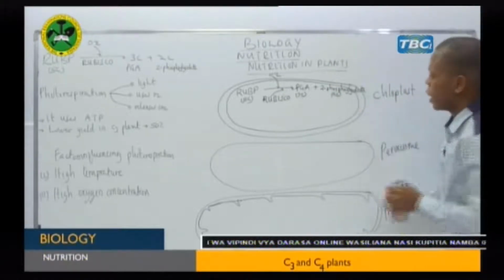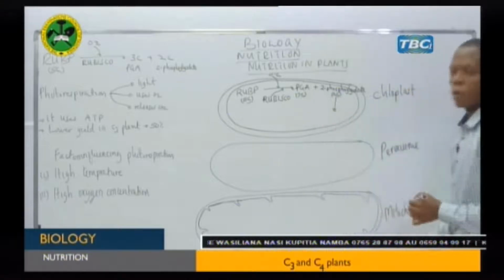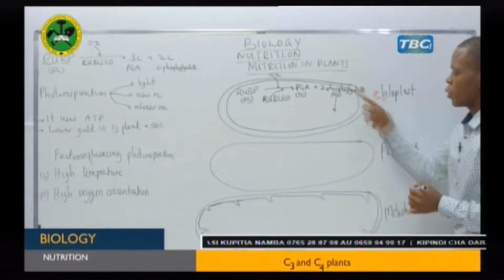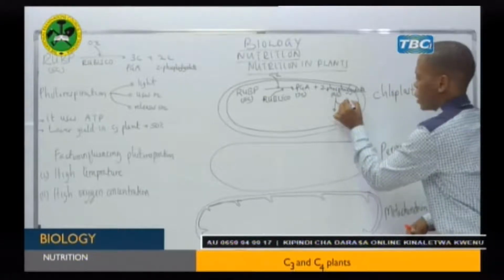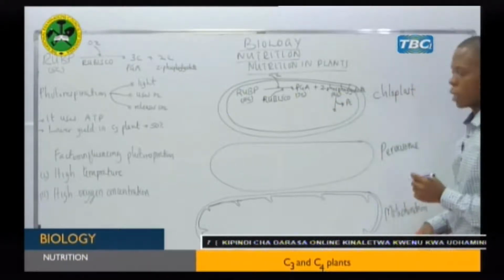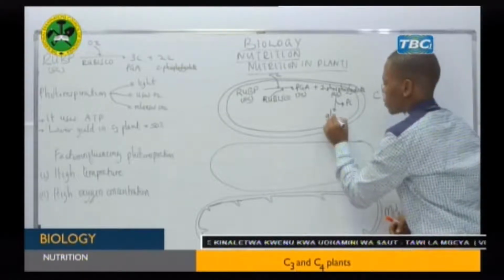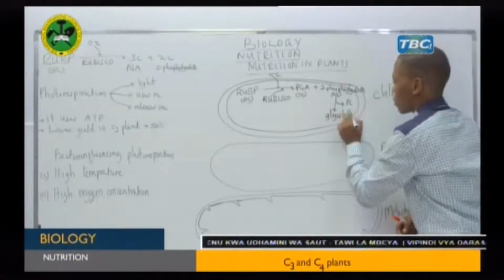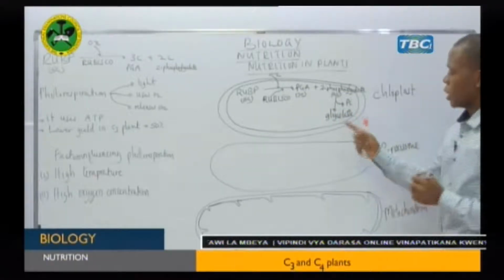Okay, thereafter, after formation of this phosphoglycolate, it is first dephosphorylated in the chloroplast. It means the phosphate is lost to form the so-called glycolate. Yes, what next?